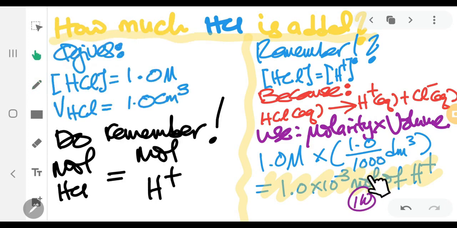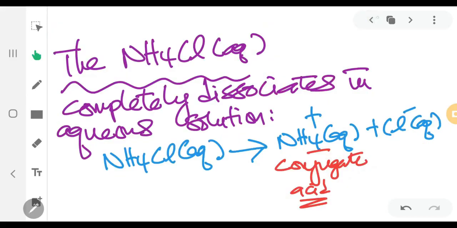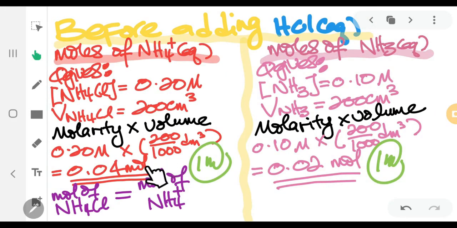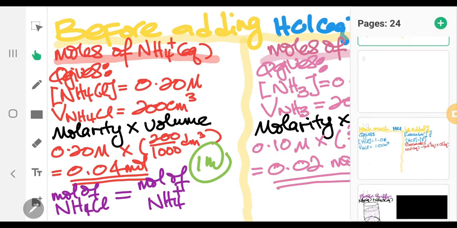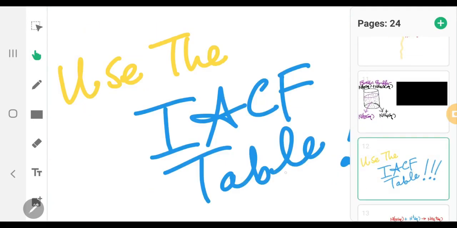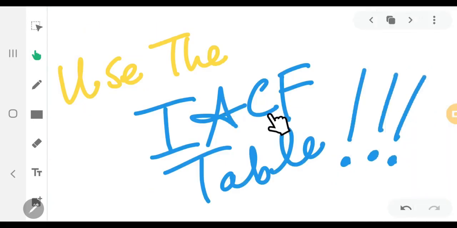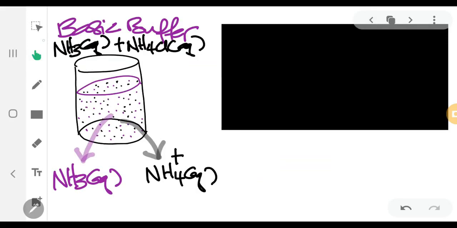So we're going to take this number of mole of H plus and also the number of mole of NH4 plus, number of mole of NH3, and we will be plugging that into the IACF table. But before we do that, we need to remember what is the reaction involved now.